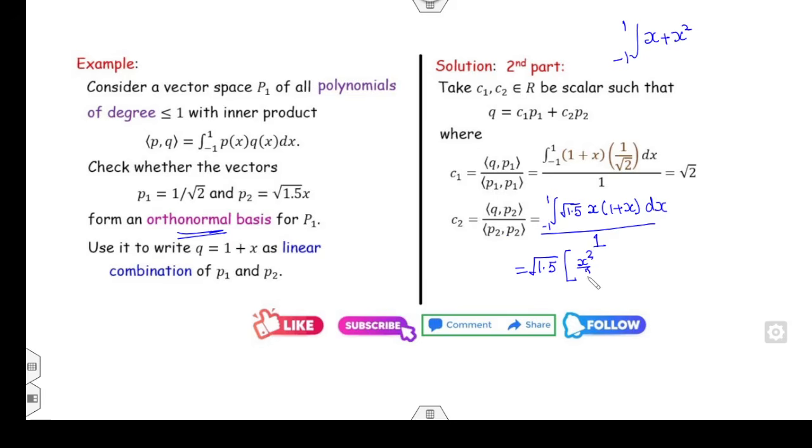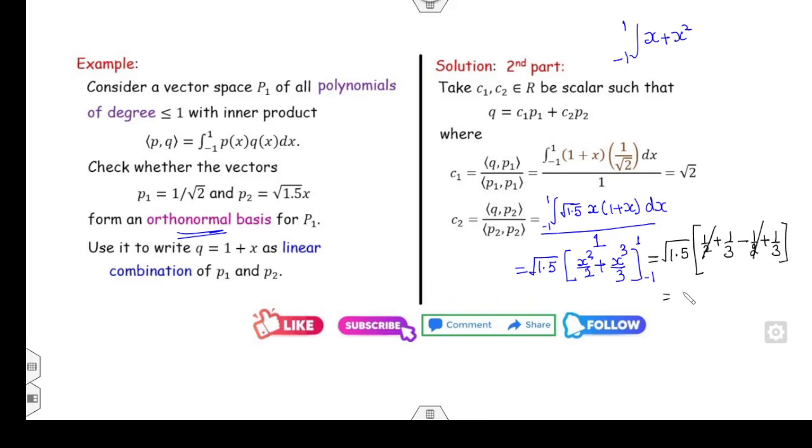That number is x square by 2 plus x cube by 3 from 1 to minus 1. Now if you substitute the value, root 1.5 is outside. That value will be half plus 1 over 3 minus half minus minus plus 1 over 3.